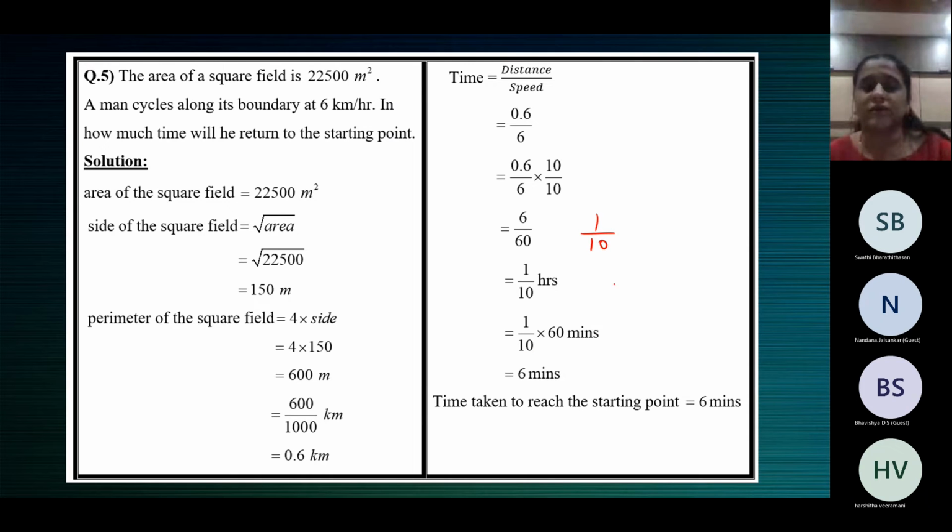No, when I say 6 minutes, it's easier to understand than 1/10 of an hour, right? If you tell somebody that you need 1/10 of an hour to reach some place, we normally don't talk like that.